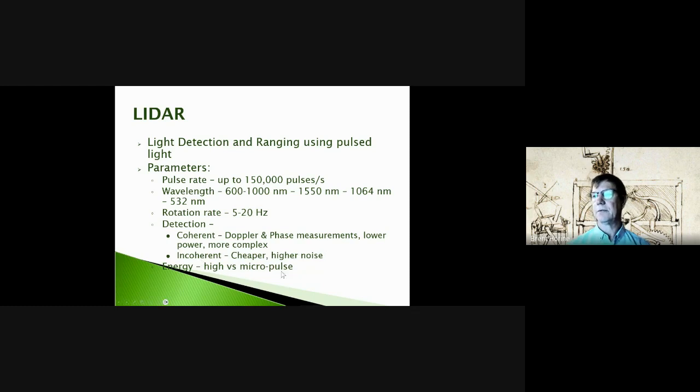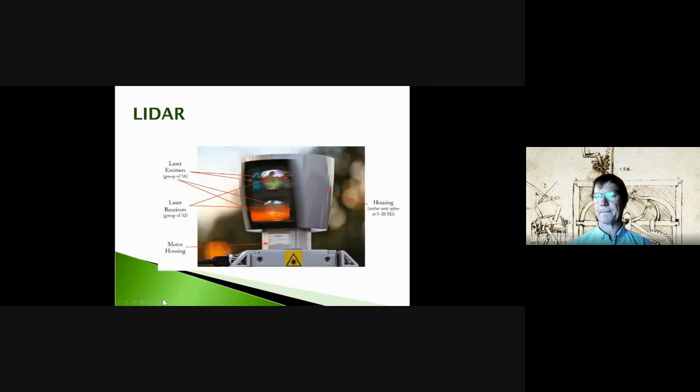You can kind of get around too much energy using micropulse and stuff. Obviously, there are trade-offs with our detection thresholds and ranges and signal to noise ratios versus trying to be safe.